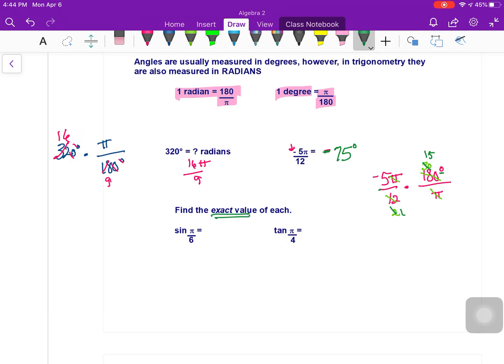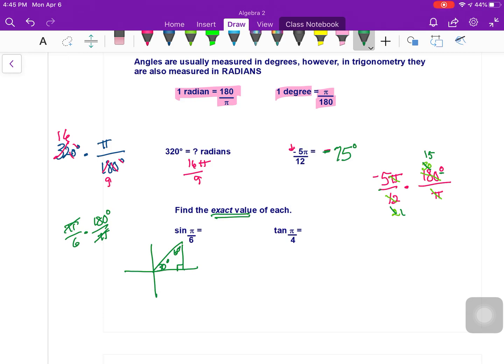Now this says find the exact value of each trig function. So I have the sine of pi over 6. So I'm going to draw that angle, pi over 6. So pi over 6 is 30 degrees.